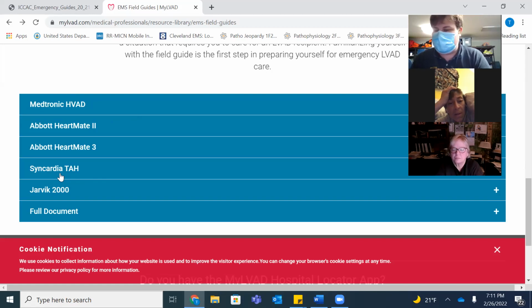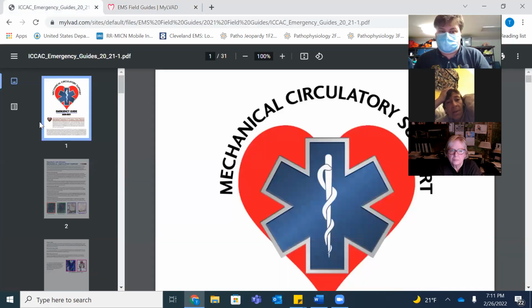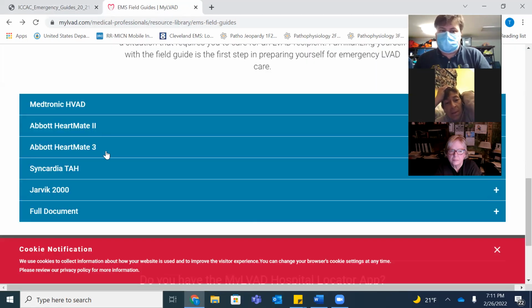So it's not like you can fix that once you've done it, and it's just taking over the entire responsibility for the two. We don't see that a lot in North America. That is a popular device elsewhere. Most of ours are this HeartMate 2, this HeartMate 3, and then I think it's the Medtronic HVAD that we see in North American markets.